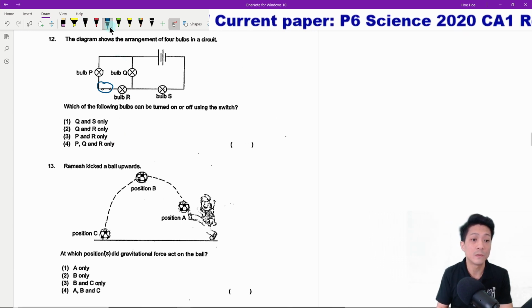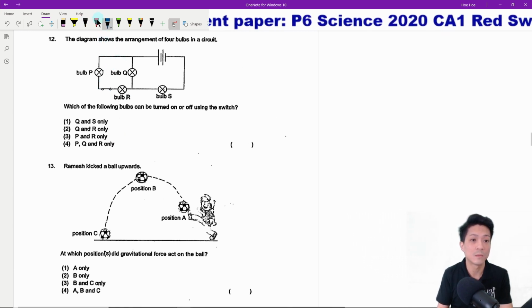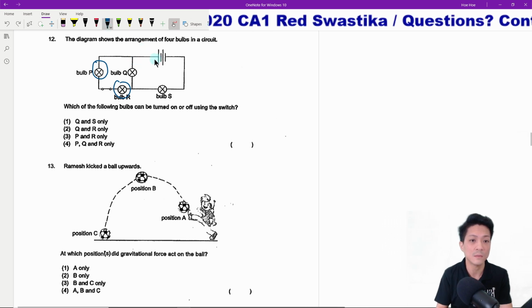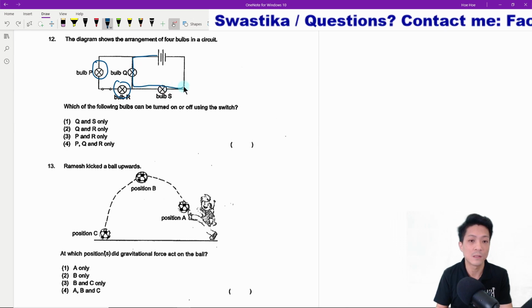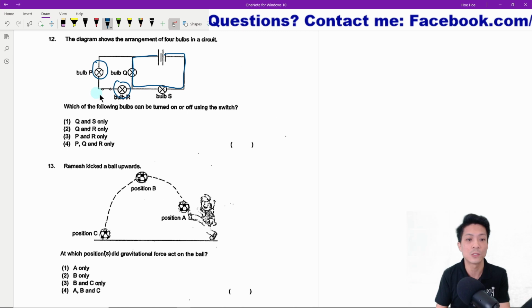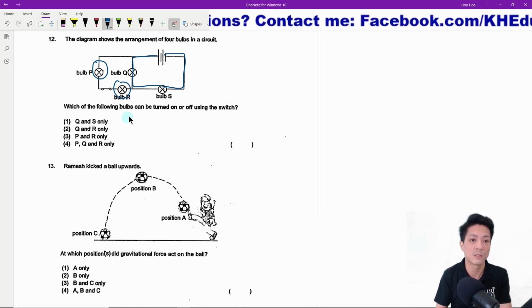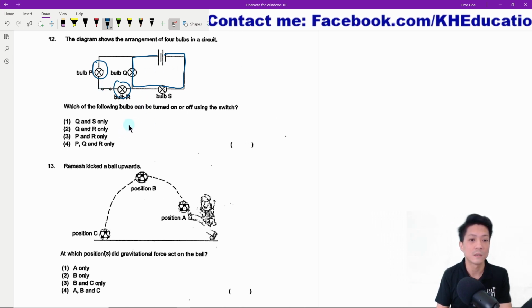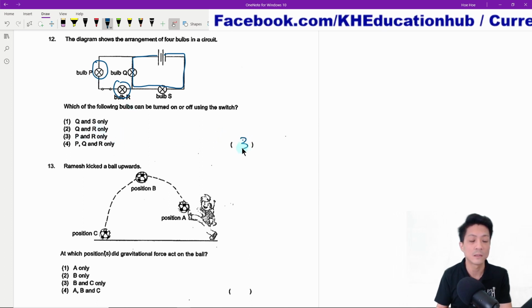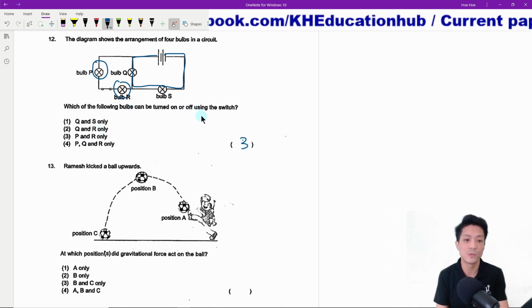If you look at the circuit, the switch can only control these 2 bulbs, because over here it is a series circuit and there's no switch. The switch over here will not cause an open circuit over there. So only P and R can be turned on or off using the switch.